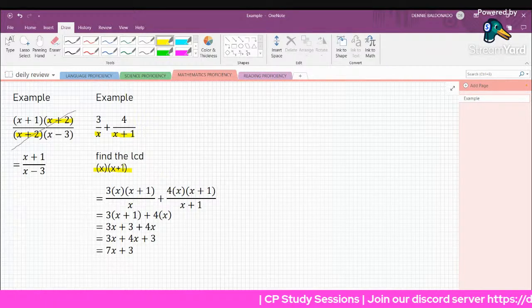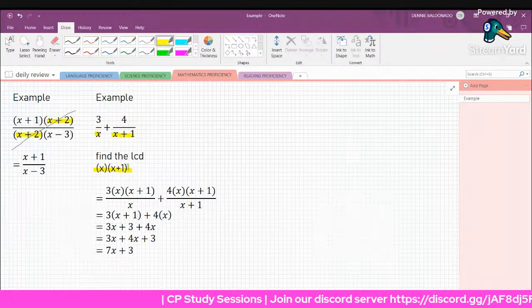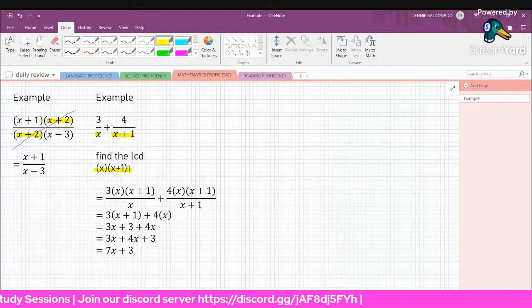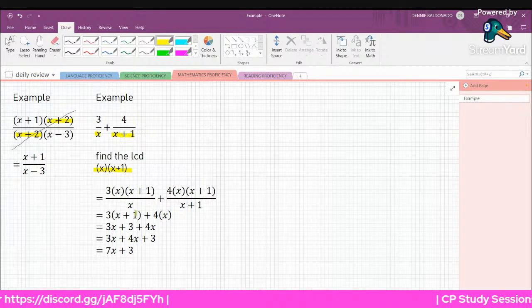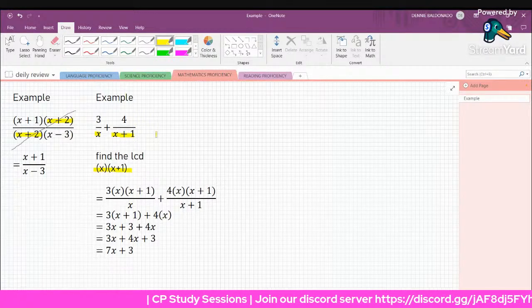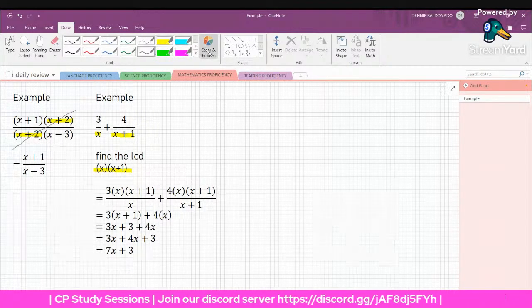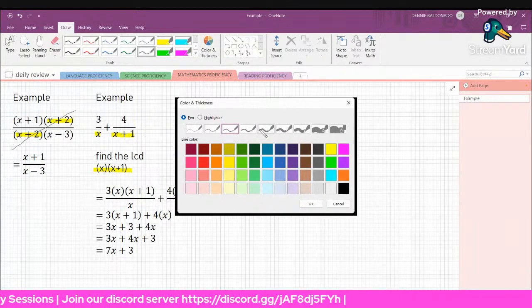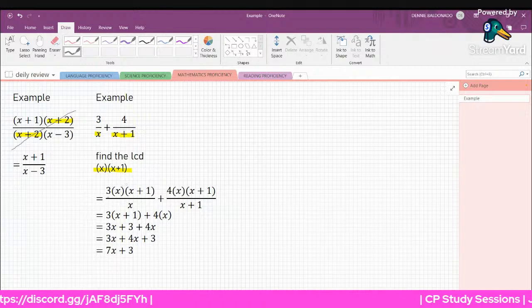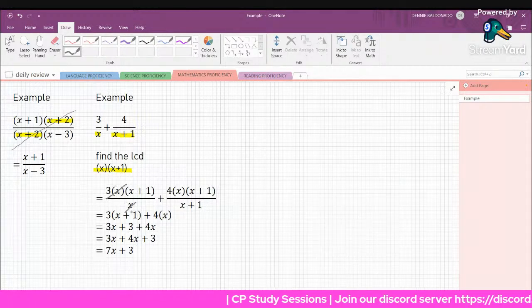So, since meron na tayong LCD, gagawin na natin is pag-combine na natin sila. So, magtataka kayo, bakit ito magkaiba pa rin pero pwede na natin i-combine? So, ang gagawin lang natin dyan is ganito. Si x, i-cancel out na natin to since pareha sila ng nasa denominator.